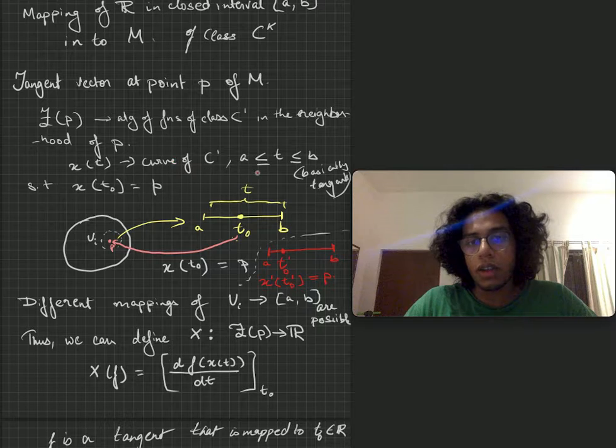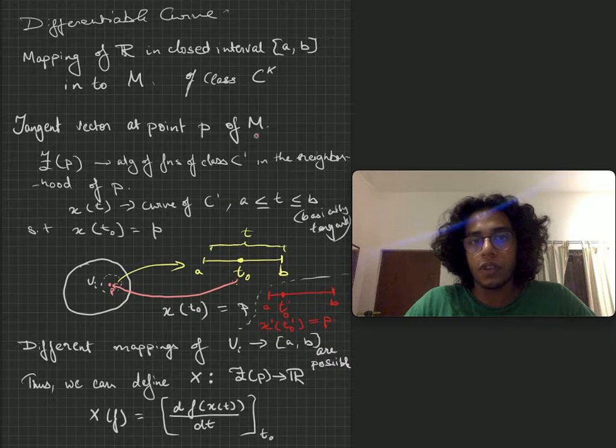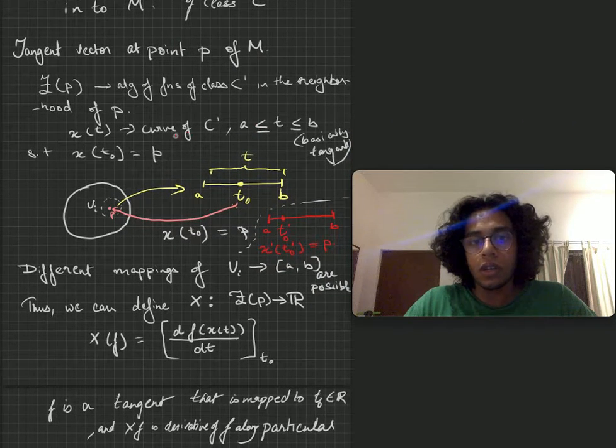Such that t is between a and b. So you're basically taking a real mapping. Okay. So here, as you said, you have a differentiable curve. So you're considering x of t to be a differentiable curve. So you have a real mapping a to b, and t is a parameter between a and b.